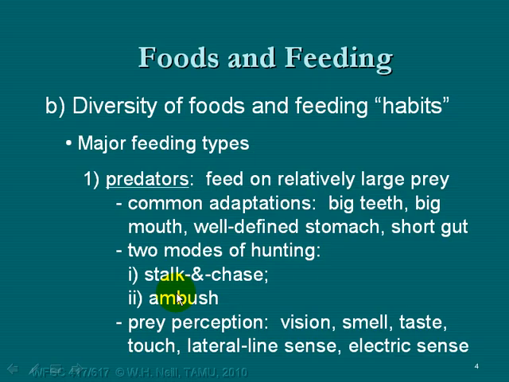Some fishes have an electric sense. In some cases, they generate a field that is disturbed or distorted by the prey. In other cases, they're actually detecting the electrical activity associated with muscle contraction in the prey.